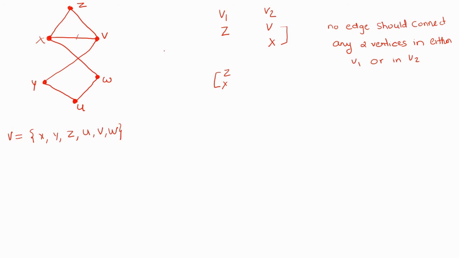Therefore, we cannot partition this graph into two partitions of vertices. Okay, therefore we say that this is not a bipartite graph.